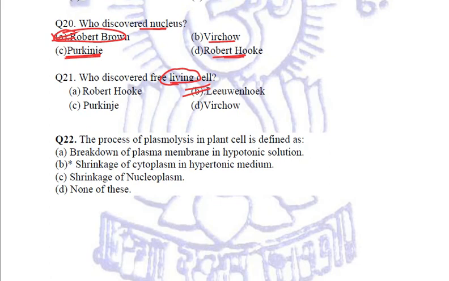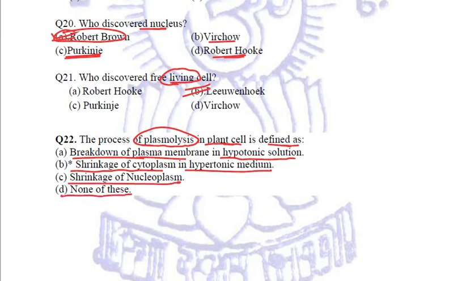The process of plasmolysis in plant cell is defined as, is it the breakdown of plasma membrane in hypotonic solution, or shrinkage of cytoplasm in hypertonic solution, or shrinkage of nucleoplasm, or none of these? We have already seen this is a repeated question, that it is none of these.